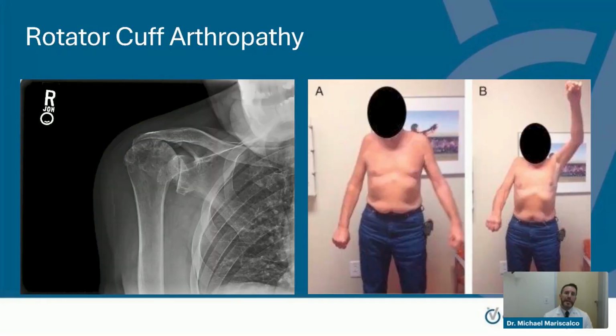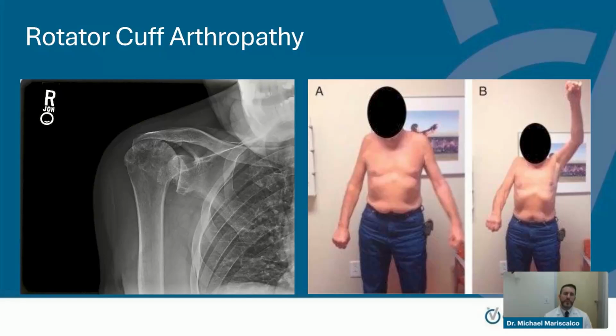So essentially what happens as that problem progresses is that the ball or the head of the humerus starts to migrate superiorly through the rotator cuff tear or defect, and it decreases patients' ability to raise their arm above head level. And this is an advanced example of that.